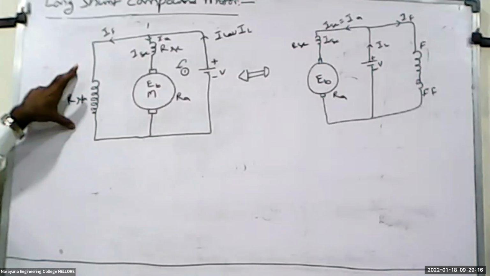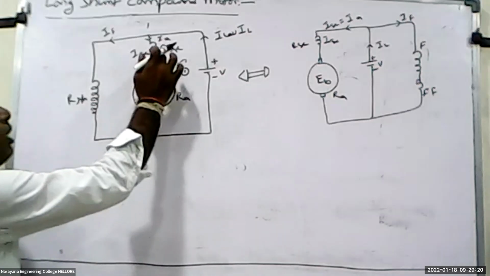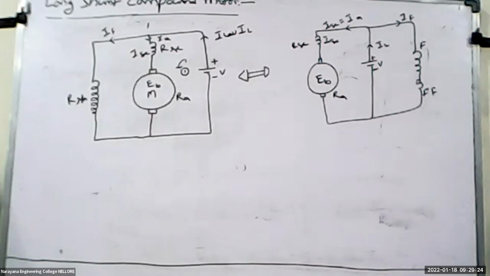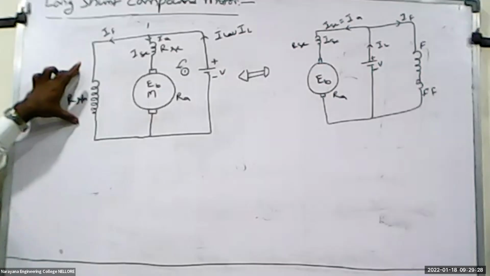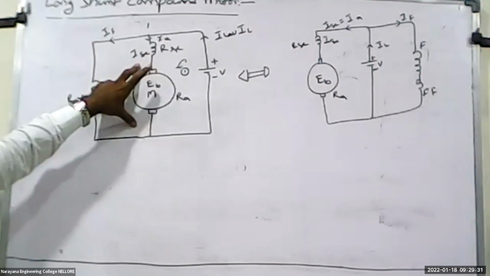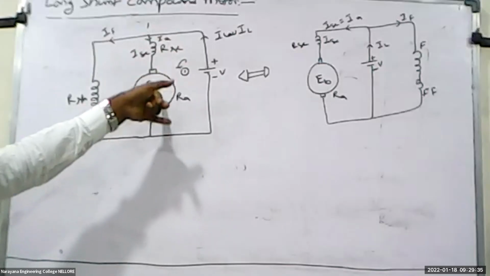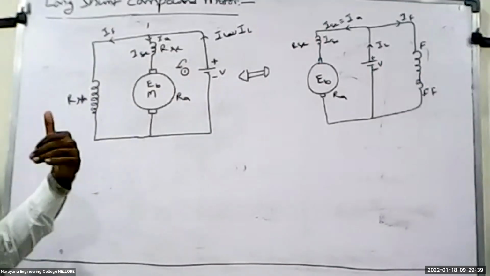The shunt field winding is connected in parallel with the armature and series field winding is known as long shunt compound motor. What is the previous one? The shunt field winding is connected in parallel with the armature only. It is known as shunt motor. So in parallel with the armature as well as series field winding, it is known as a long shunt compound motor.